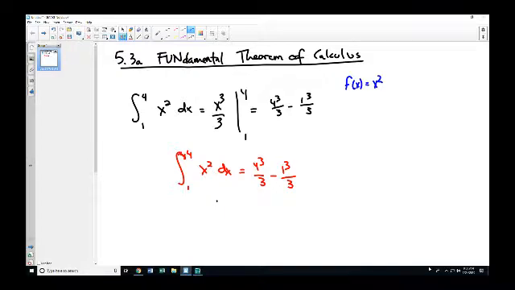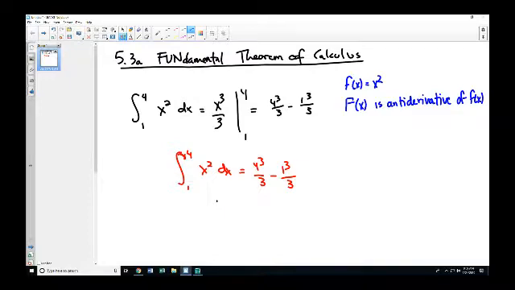Yep. Okay. We can write one way that we can state this theorem.